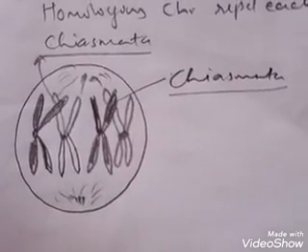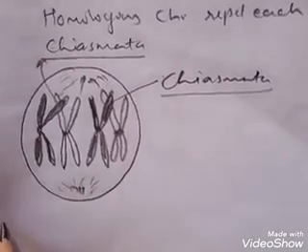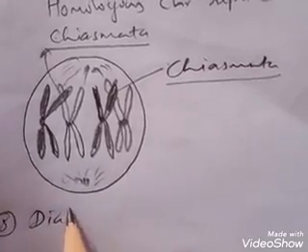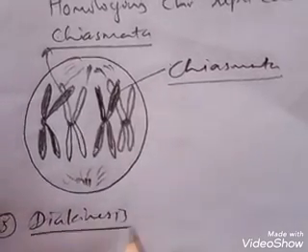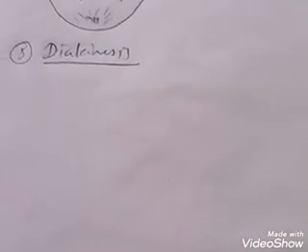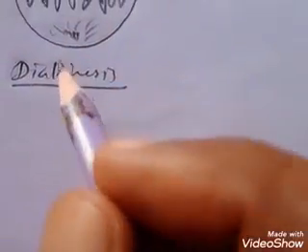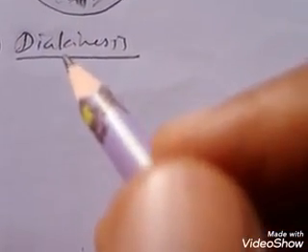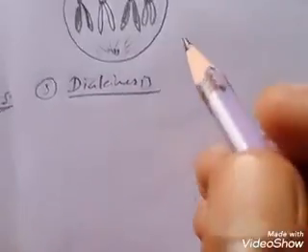Next I'll go for the fifth stage, that is diakinesis. In diakinesis, we can observe that the chromosomes are highly thickened, very thick and short.